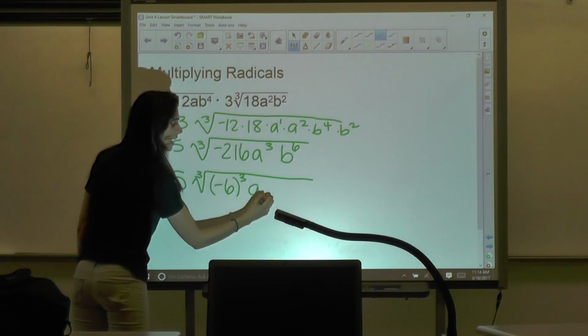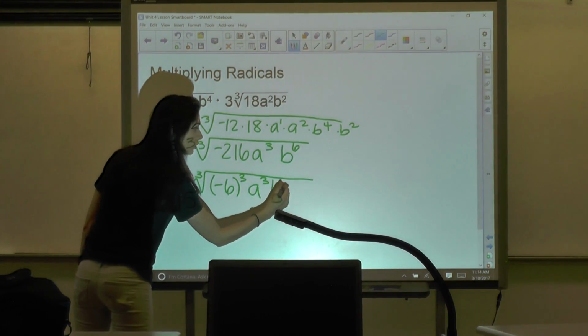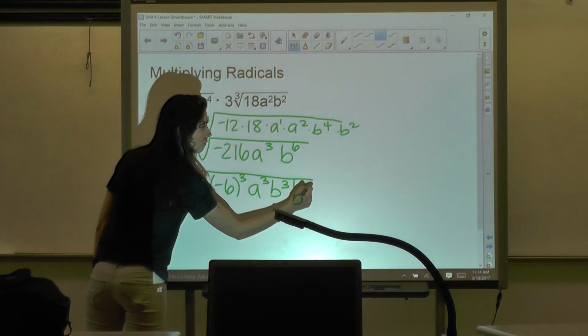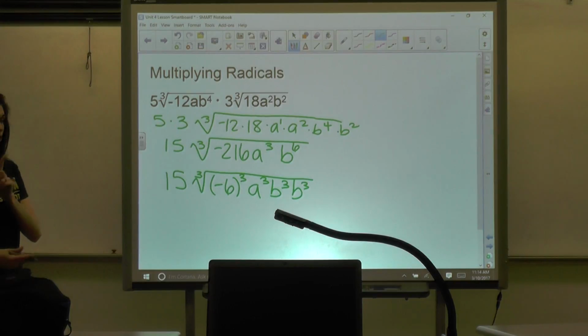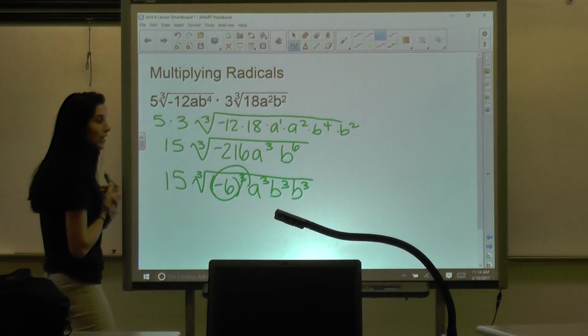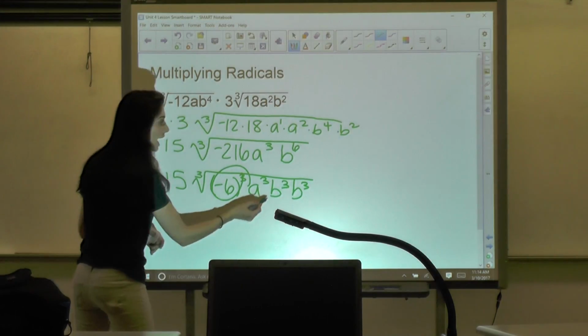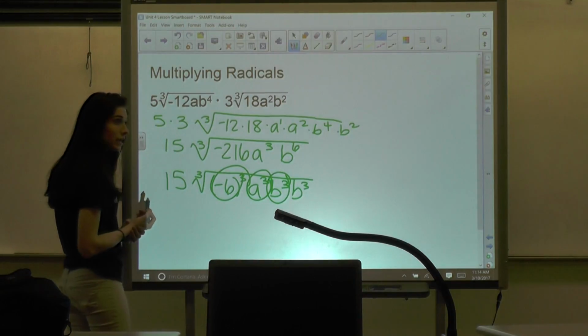And then we have a cubed, and then we have b cubed, and another b cubed. So in order to bring out 1, how many do we have to have for this one? 3. I have 3 negative 6's. I have 3 a's. I have 3 b's.